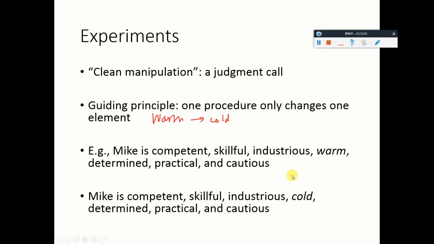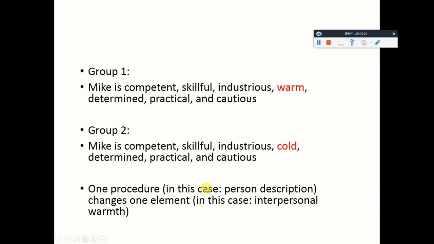For example, this is our example, right? Competent, skillful, industrious, determined, practical, cautious, they're identical. The only difference is warm versus cold. So that is one manipulation, and this one manipulation results in one change. So that's good, right? In this case, the one procedure is person description.